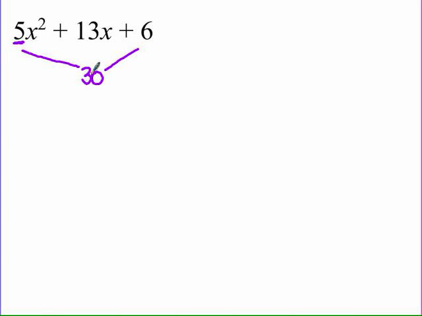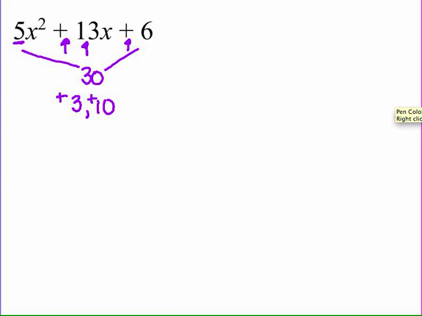So 2 factors of 30 that add to 13. What are they? 3 and 10. How do you get a positive 13 from 3 and 10? Both of them are plus. Now let's see what our next step is going to look like.